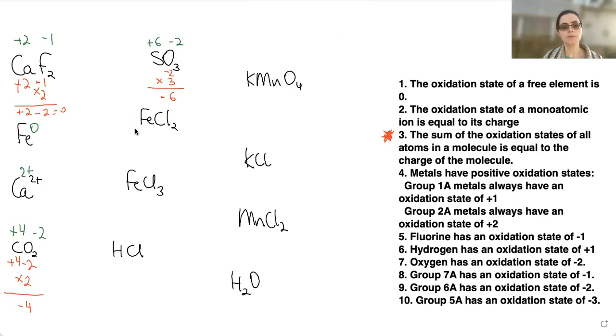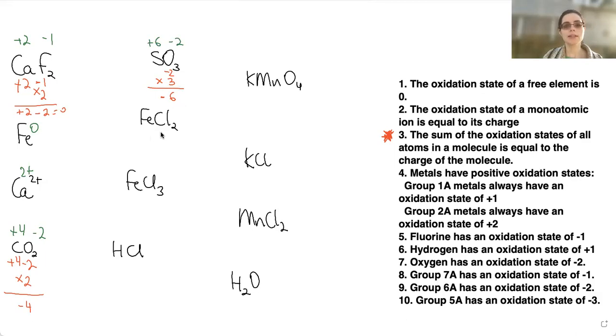Now the next one, we have iron 2 chloride. Let's deal with that. Yes, so let's go through the rules. Number 1 doesn't work, not a free element, not a monatomic ion. Number 3 we'll leave out for now. Number 4, we don't have group 1A or 2A metals, right? So doesn't work. We don't have fluorine, we don't have hydrogen, we don't have oxygen. And then we get to rule number 8. Group 7A has an oxidation state of -1. And we know that chlorine is in group 7A.